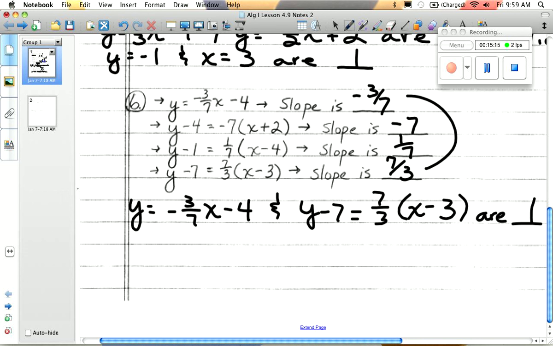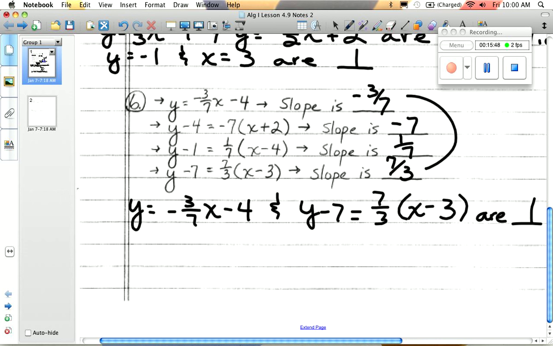Okay, do you think there are any other pairs of perpendicular lines here? Which pair? Yeah, -7, its reciprocal is -1/7, and the opposite of -1/7 is +1/7. So you're starting to see that, first of all, to even consider that they're going to be perpendicular, one of the slopes has to be positive and the other has to be negative, doesn't it?